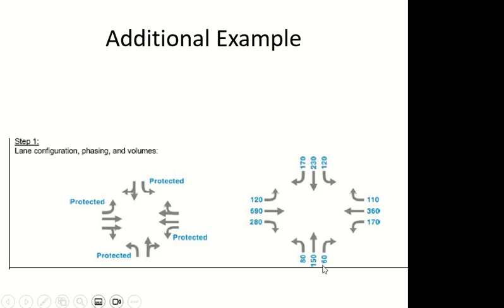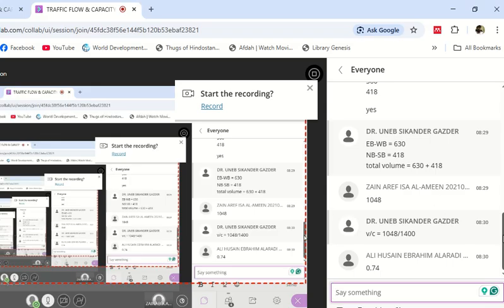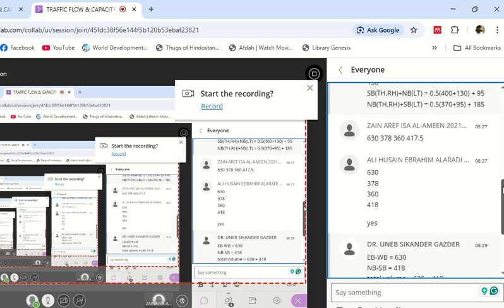They are already per lane, so I will add them. This one is in one lane and this one is in one lane, so I don't divide by the number of lanes here. Got it or not? Any questions? So you will repeat the same process, but you will not multiply by 0.5 here.